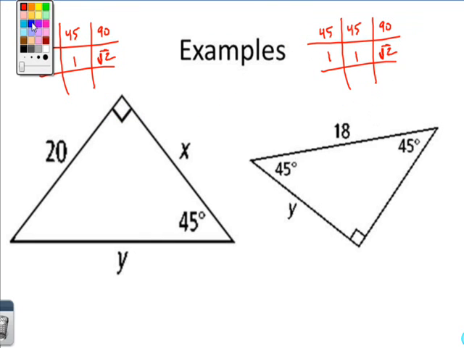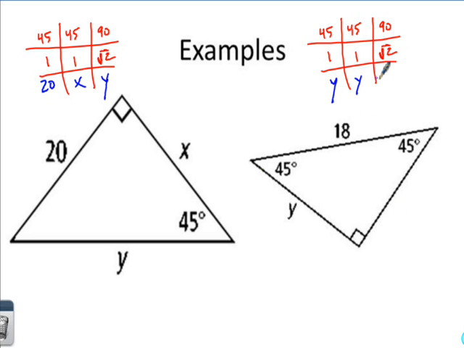Now I'm going to fill in the chart. On this triangle, across from the 45 is a 20, across from the other 45 is an x, and across from the hypotenuse, the 90, is y. I'll set this other one up at the same time. Across from 45 is y. This one doesn't have anything, but it really could just be y because it's an isosceles right triangle. Across from the 90 is 18. Now we're going to use these to solve the problem. What we've done is set up 3 equivalent equations.